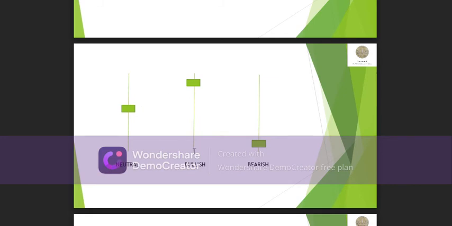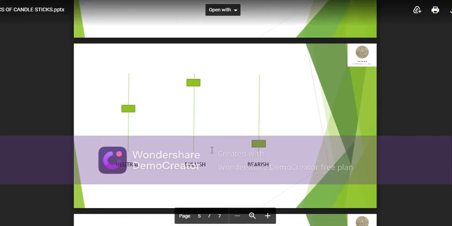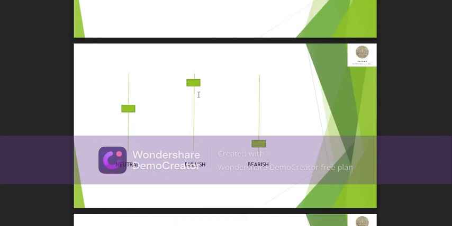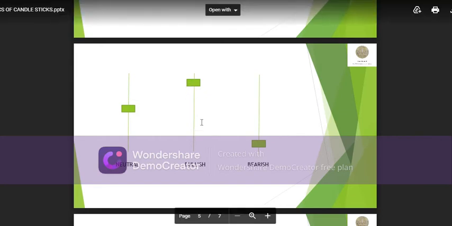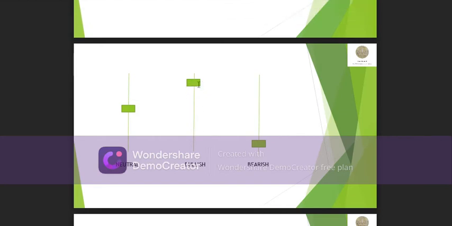If you come to the next pattern, this is bullish. Why do I say bullish? Because it opened here and closed here, but what happened in between? The sellers tried to push the price of the stock down to here.